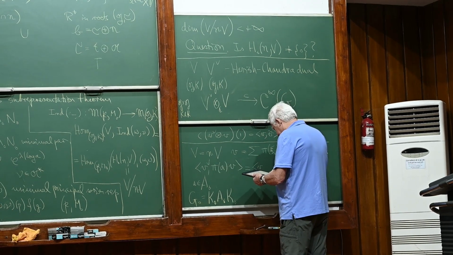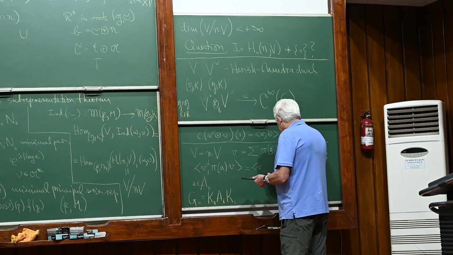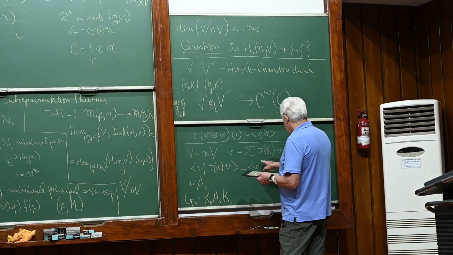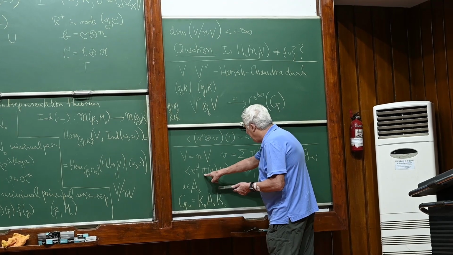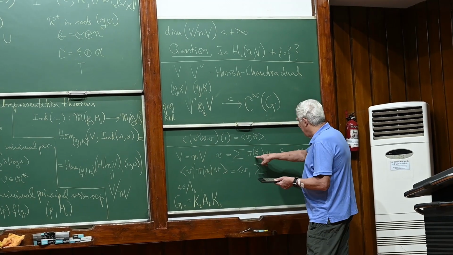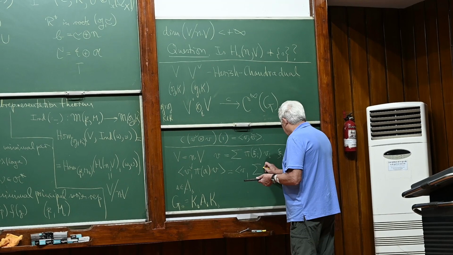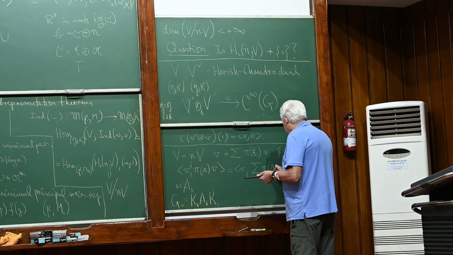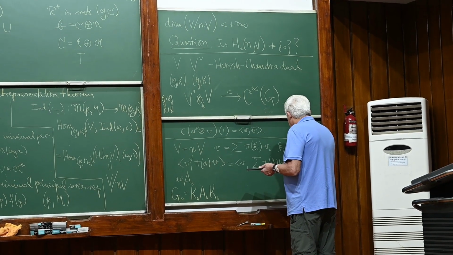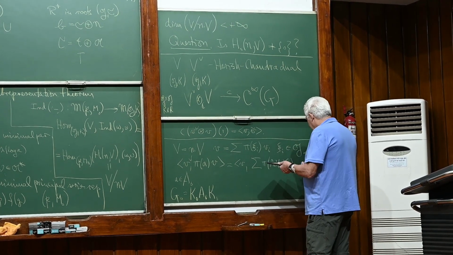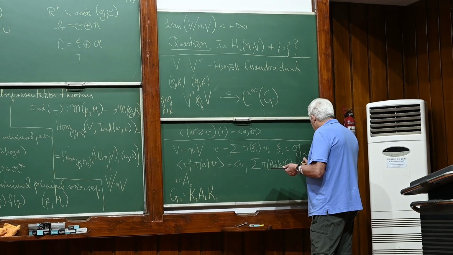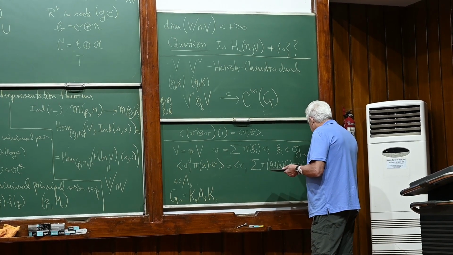Let's have checks here, and then sum. So I pull this pi of A over this, so I will get pi of Ad A of c_i, and then I have pi of A, V.